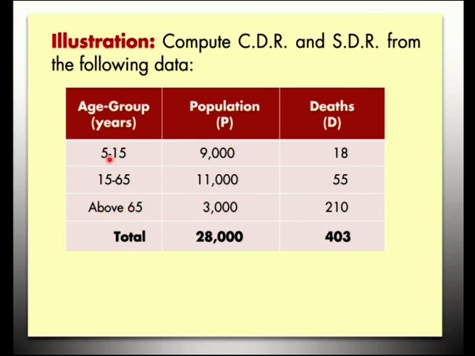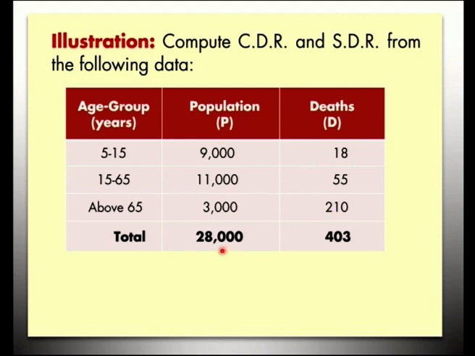So, 5 to 15 aged people are 9,000 and their deaths are 18, which will be low because they are children. For 15 to 65 the population is 11,000 in a particular area and the deaths are 55, and above 65 the population is 3,000 and the deaths are more because of old age, 210.